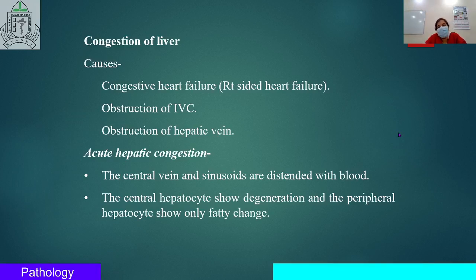So there is hepatic necrosis centrally. And the peripheral hepatocytes have another supply from the portal triad. So there is hypoxia, but it is less evident. So there is a reversible cell injury, that is fatty change.